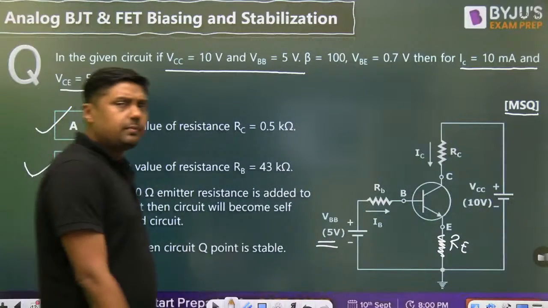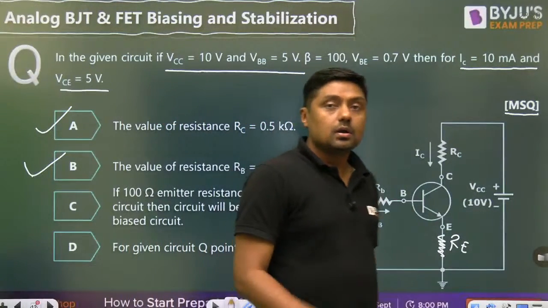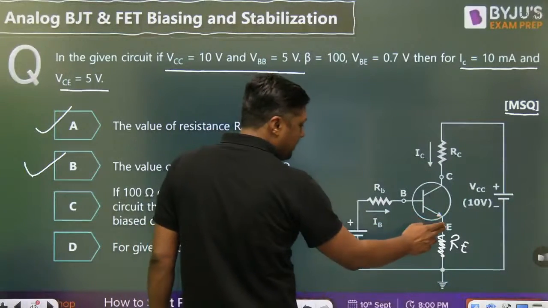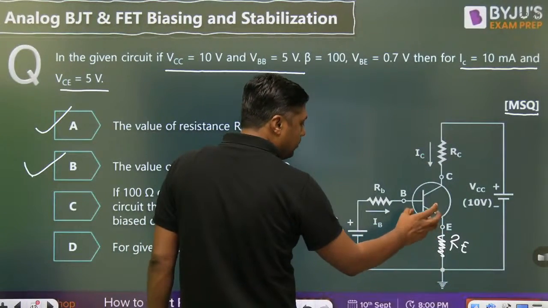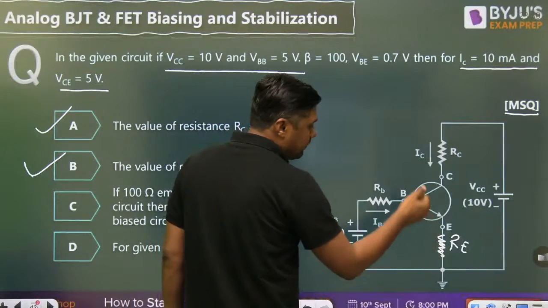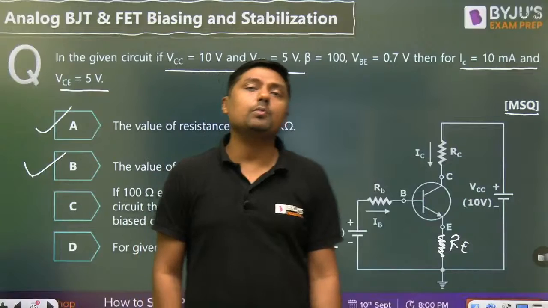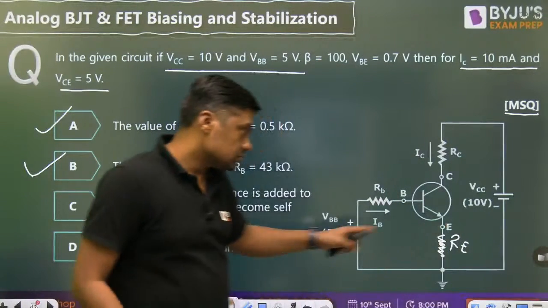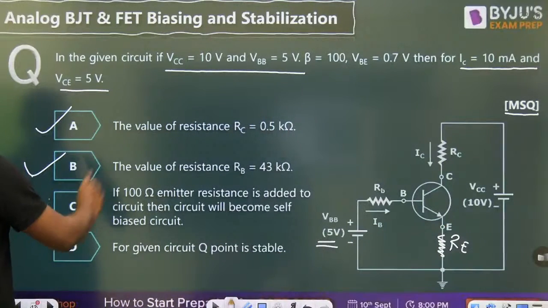Is that a right statement or wrong statement? Yes. If we have one resistor here between emitter and ground, RE, it will provide you the self-biasing. Because of this RE, there will be negative feedback and the circuit will be what? Stable. And that's why this is the right statement.